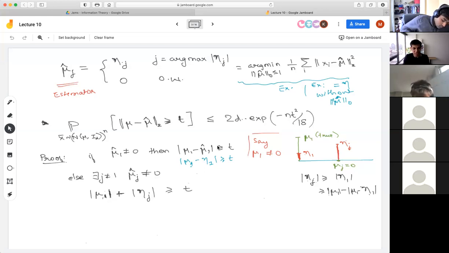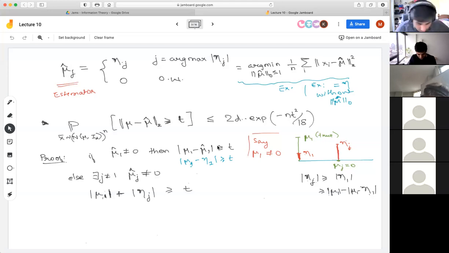This case is bounded for sure. Now let's look at what happens if we did not find the right coordinate. So the non-zero coordinate in the estimator mu hat is something different from 1. It's not the right one. And let's say it's j, for some j not equal to 1.